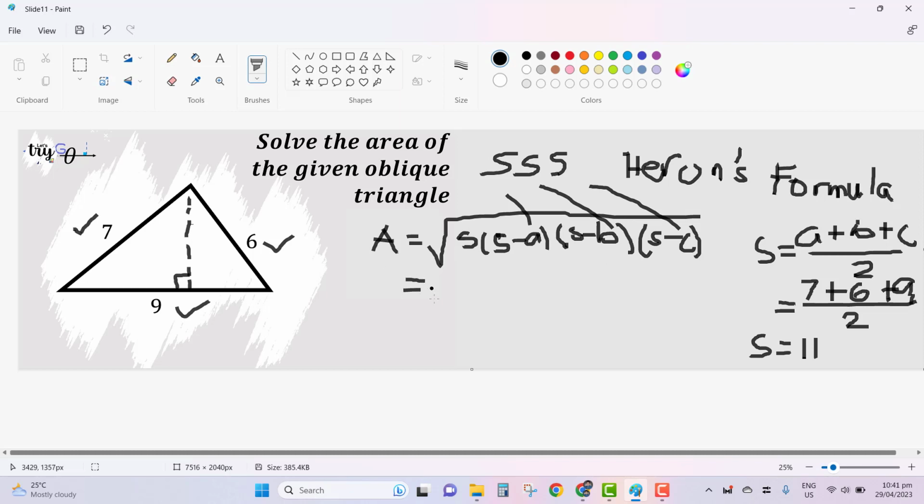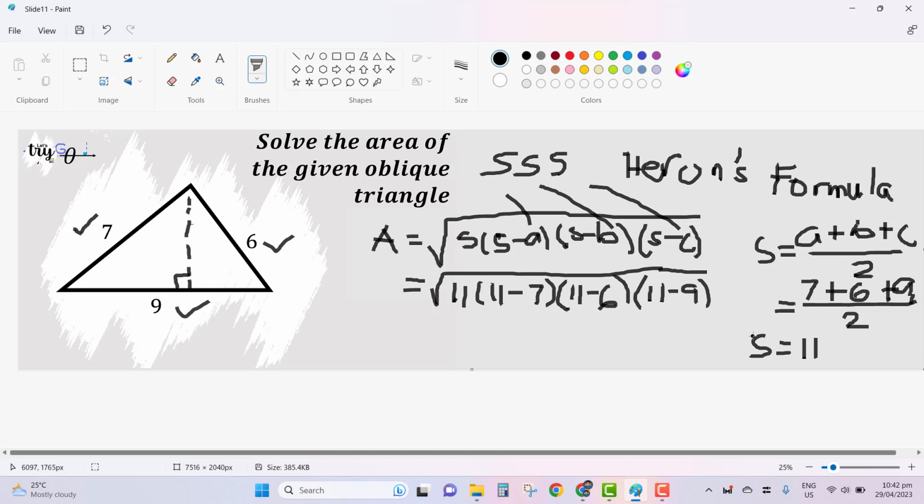So this can be rewritten by substitution: 11 times, S is also 11, minus 7 here as what we used earlier. We also have 11 minus 6. And then you have here 11 minus 9.